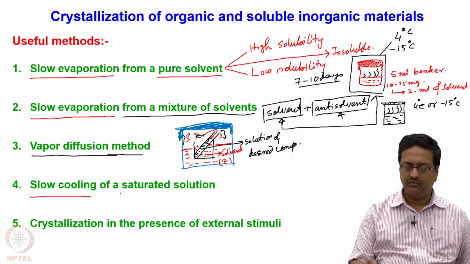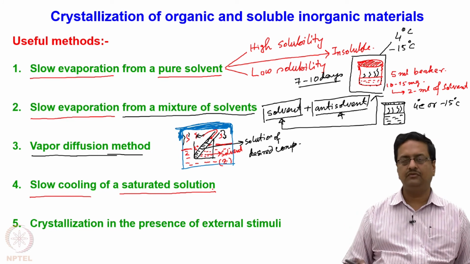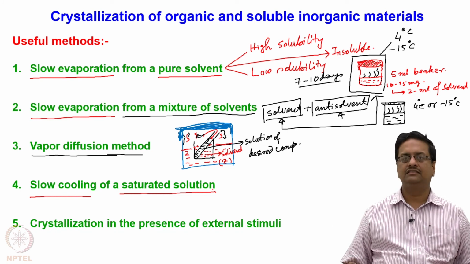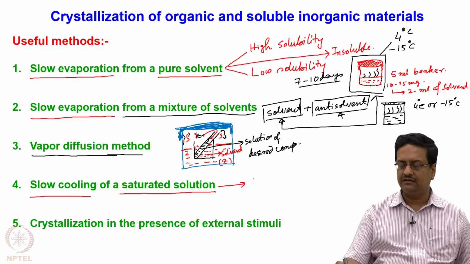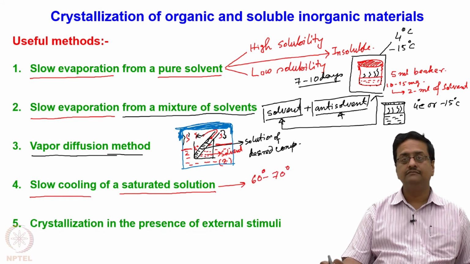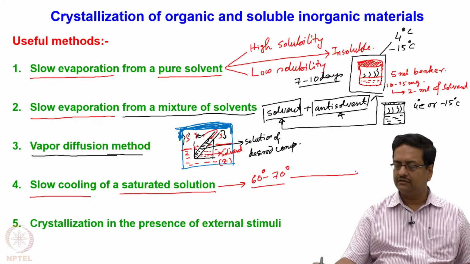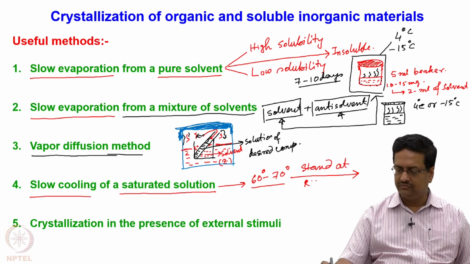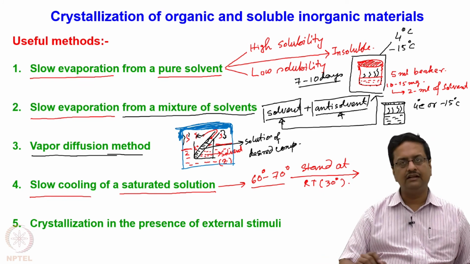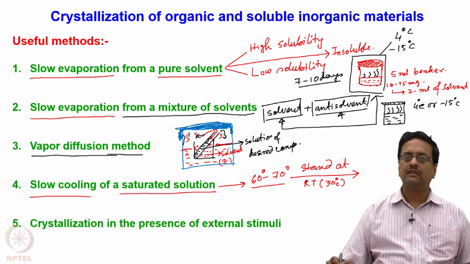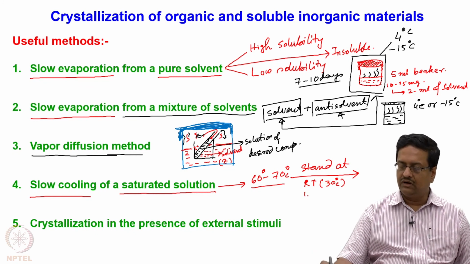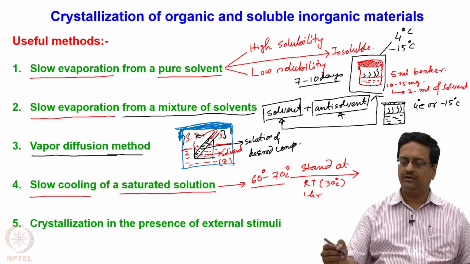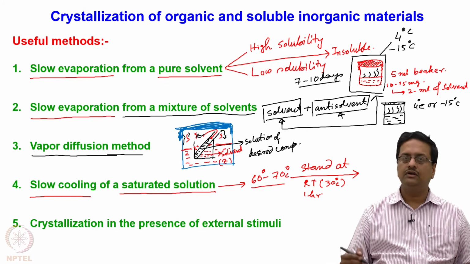What you might have done is you might have made a saturated solution of the compound in a test tube by slowly or rapidly evaporating the solvent and making it saturated at elevated temperature, maybe at 60 to 70 degrees centigrade, and then you might have left it on the rack, standing at room temperature, which is about 30 degrees centigrade, for about 1 hour. In this 1 hour time, the saturated solution has cooled from about 60 to 70 degrees centigrade to about 30 degrees centigrade.